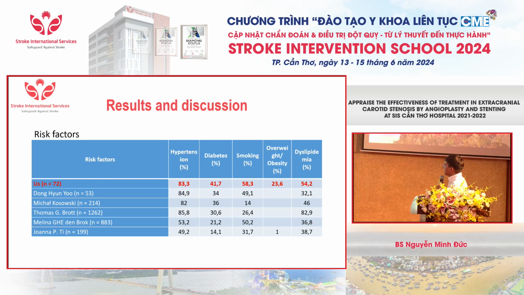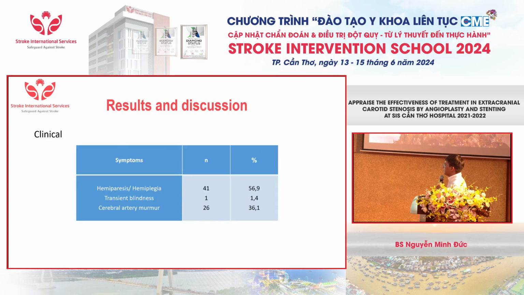Smoking has a tendency to make patients with stenosis develop complications or symptoms like stroke or TIA. Clinically, when patients are admitted to the hospital due to stroke, hemiplegia occurs in about 56%.